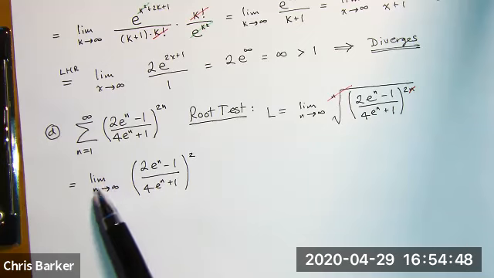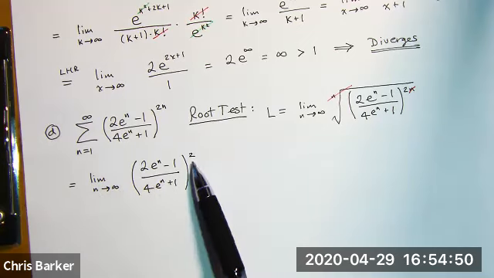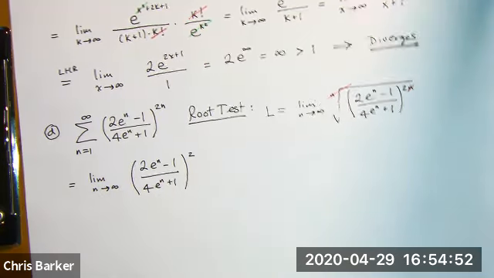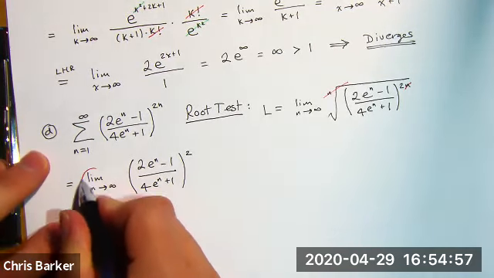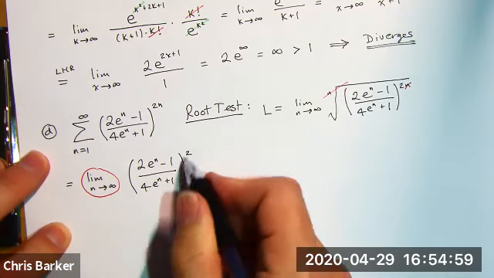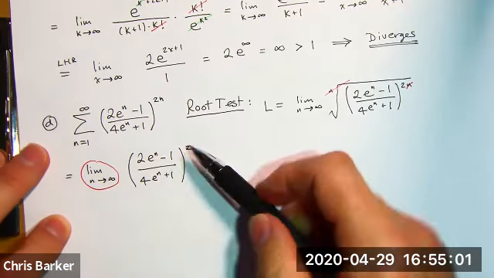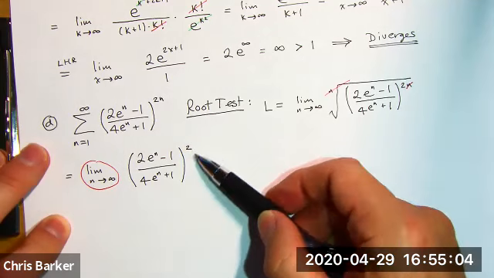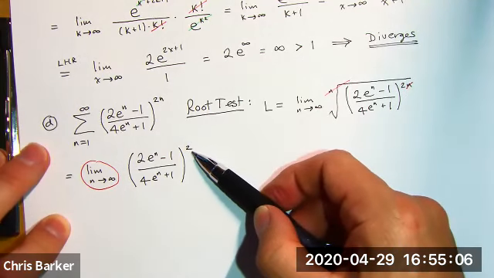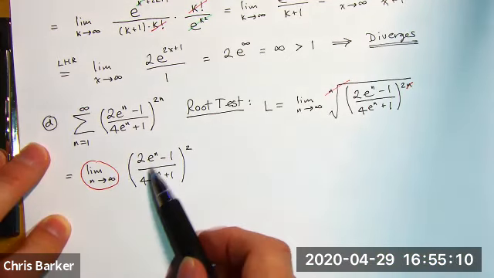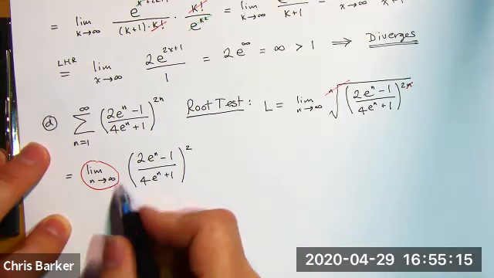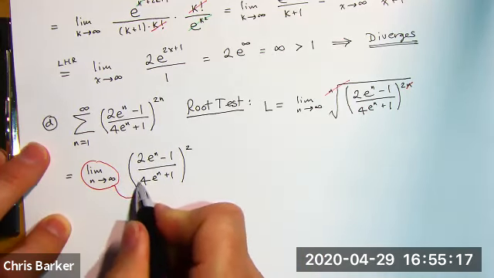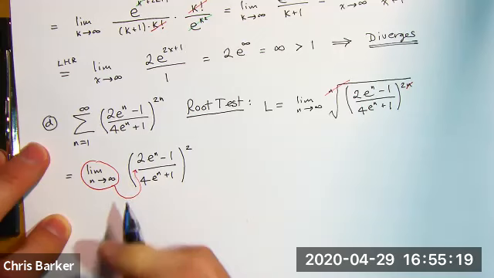Now, we've got a limit on the outside that's going to infinity, and we've got this junk squared. We're going to take advantage of one of those limit theorems we learned back in Calc 1 about limits of composite functions where the outer function is continuous. The outer function here is the square, and x squared is very much a continuous function. If you have a composite function, outer is a square, inner is this ugly fraction, you're allowed to move the limit to the inside of the composition.